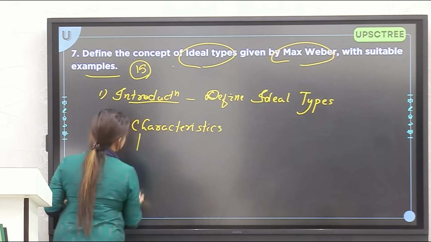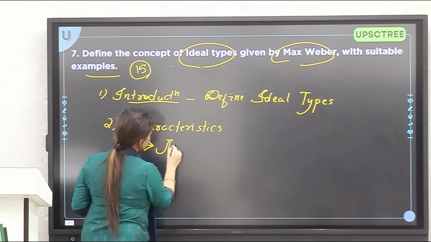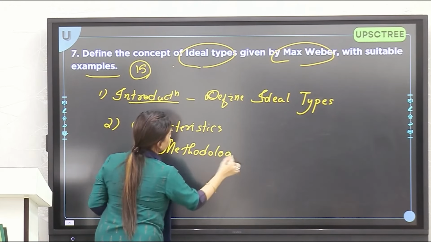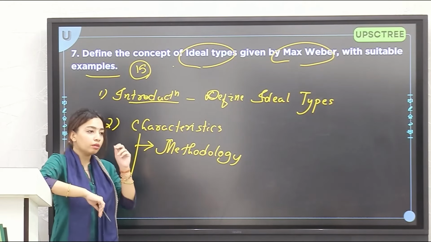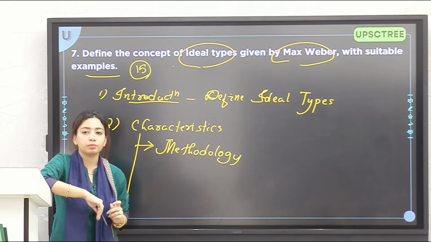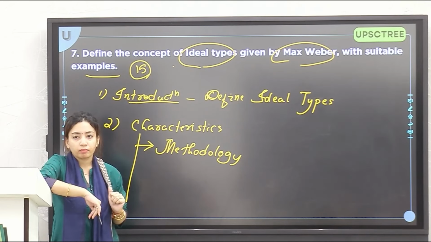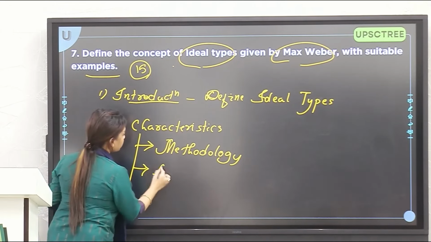What are the key characteristics? It's a methodology. Next, look at your notes and tell me the features of ideal types given by Max Weber. Helps in analysis of social reality.